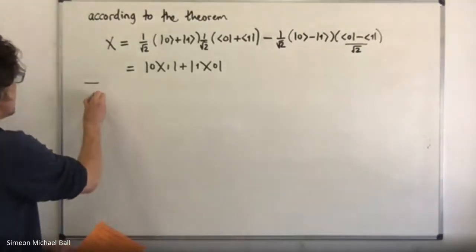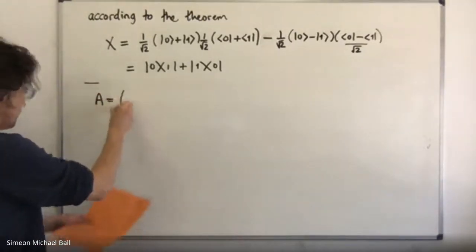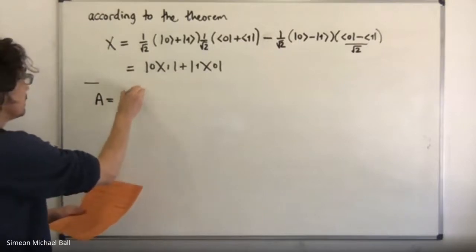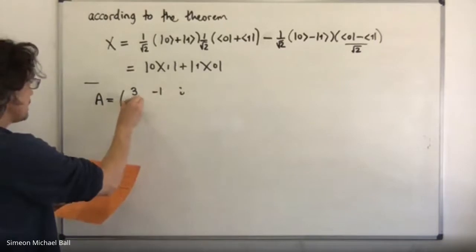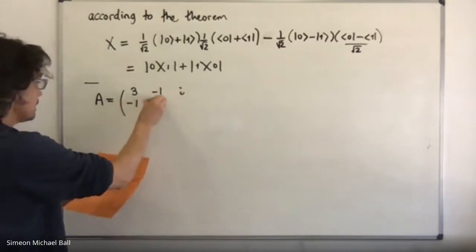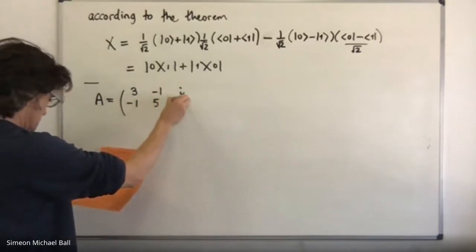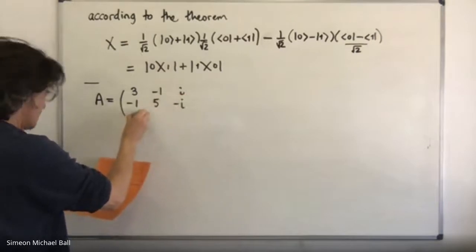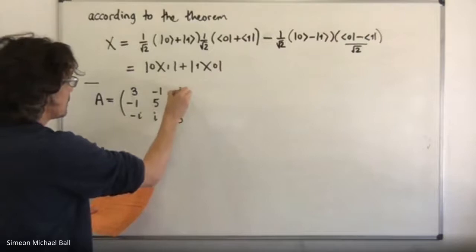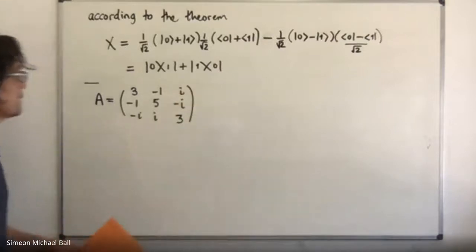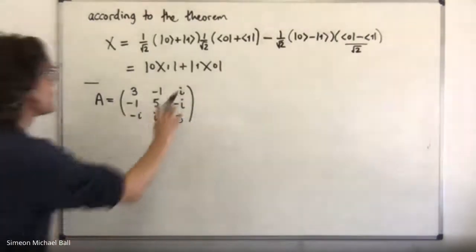Just on your own time, maybe at the end of the class, if we have some spare time, we can go through it. Try and diagonalize, find the spectral decomposition of this matrix. Okay, so just try and diagonalize this matrix, that's 9.